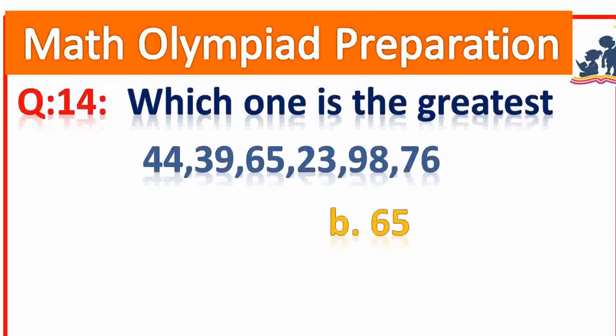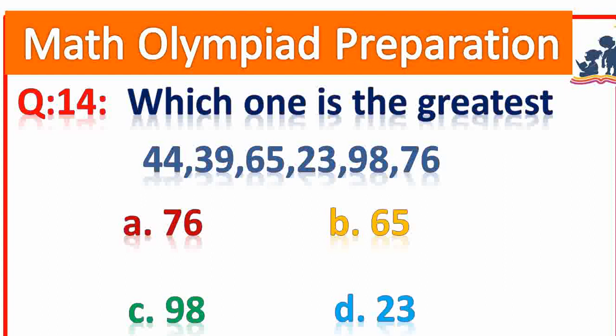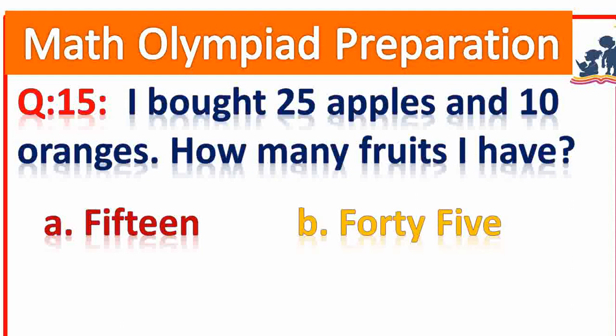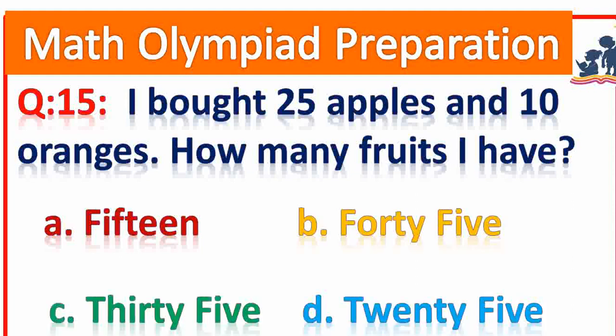Question number 14. Which one is the greatest? Can you tell me? 98. Right. Very good. Question number 15. I bought 25 apples and 10 oranges. How many fruits I have? 25 plus 10 is equal to 35.